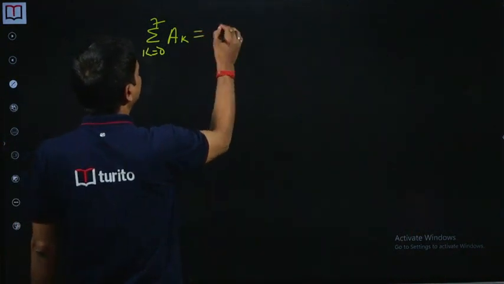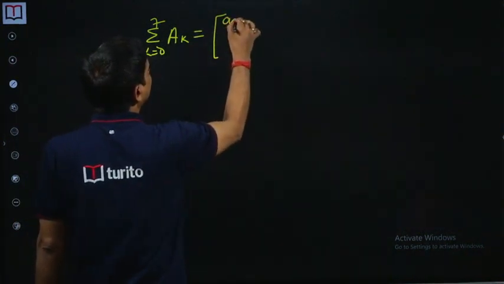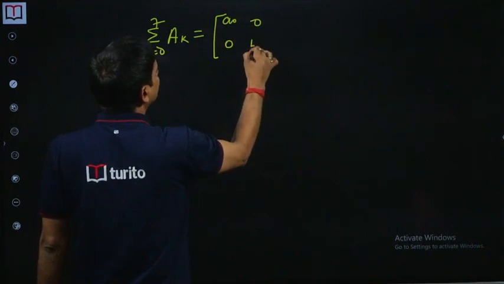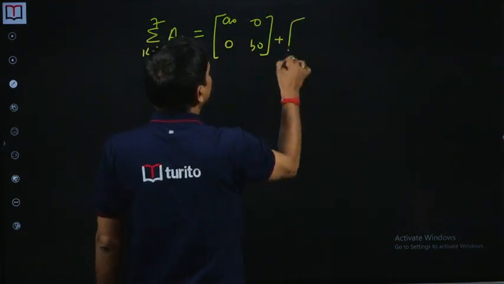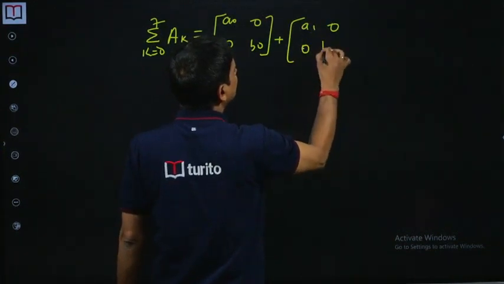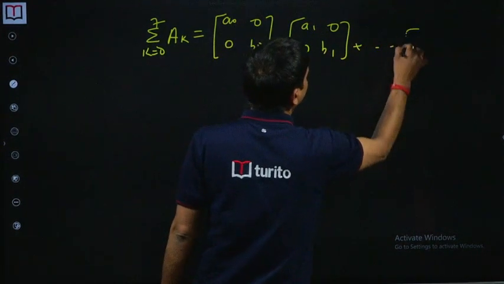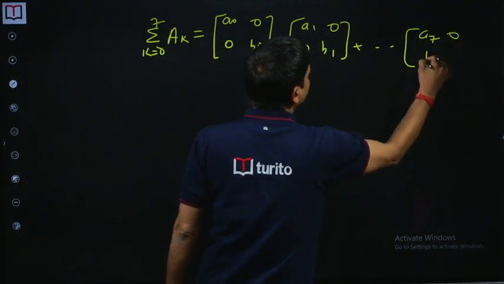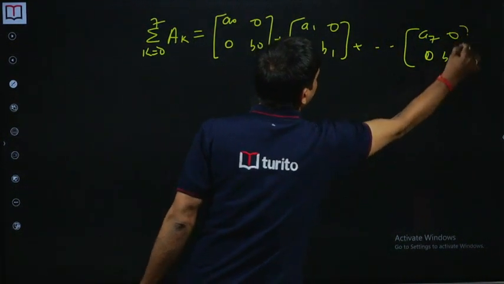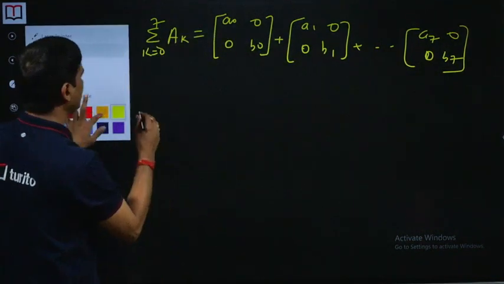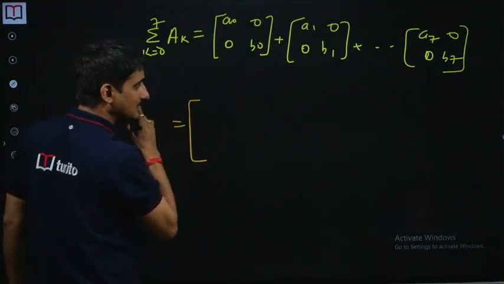So of course, [A0 0; 0 B0], [A1 0; 0 B1], up to [A7 0; 0 B7]. So we know when we are adding matrices, the corresponding elements add up.